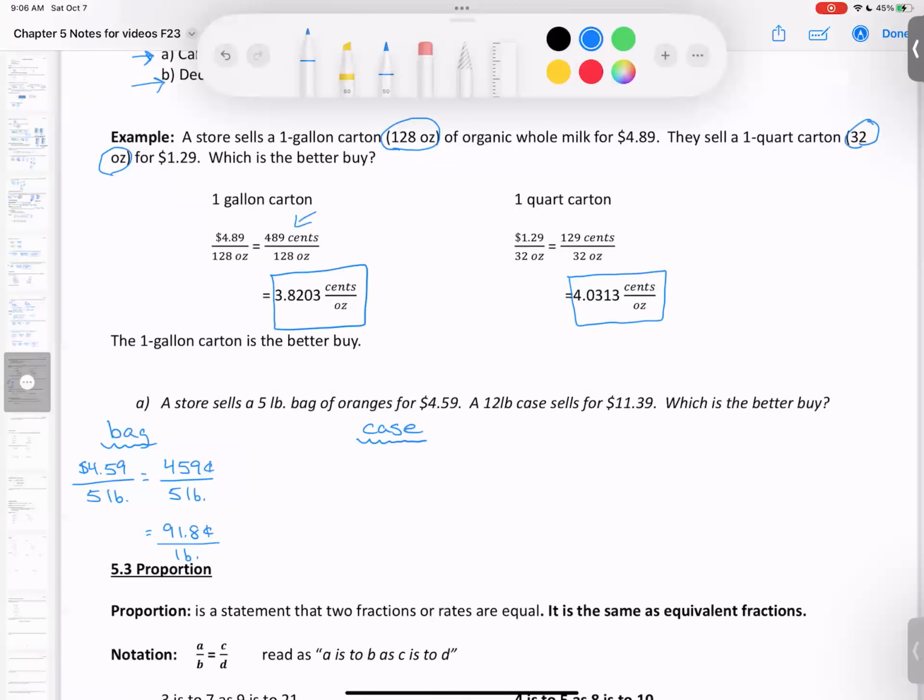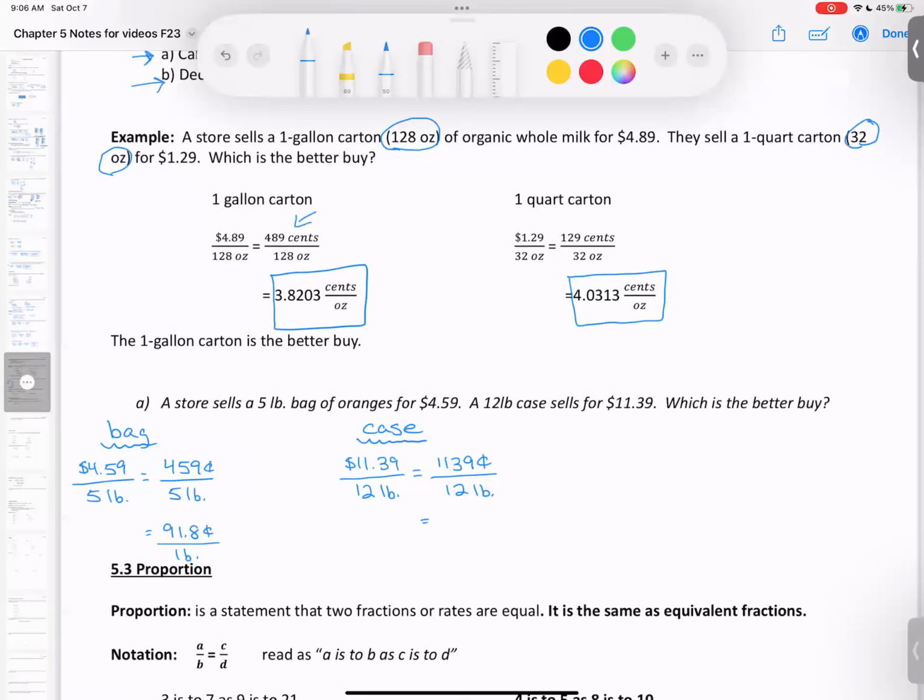Now let's look at the case of oranges. So we have a case selling for $11.39. So $11.39 per 12 pounds. So I'll convert that to cents right away. I think that might be the easier way to do these. So 1,139 cents per 12 pounds.